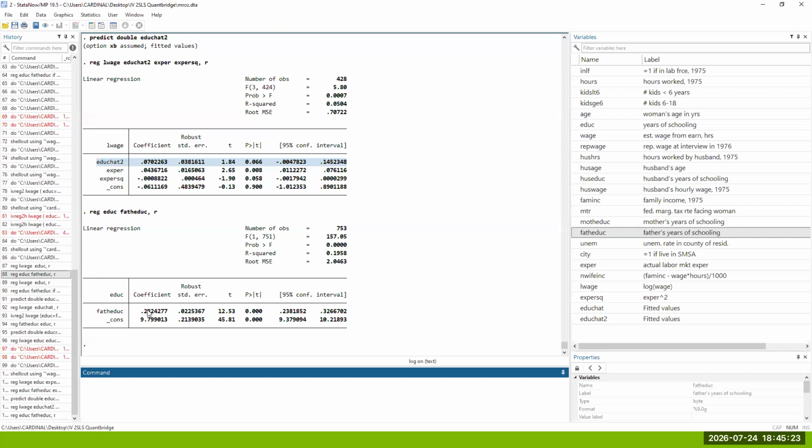Like I pointed out, the relevance condition is what we have estimated here. So it is a statistical exercise. You can always estimate it, go through your first stage, pick that up, report it, and you must always report it. When it comes to the exclusion restriction assumption, you don't have to do any estimation. You have to argue it out.